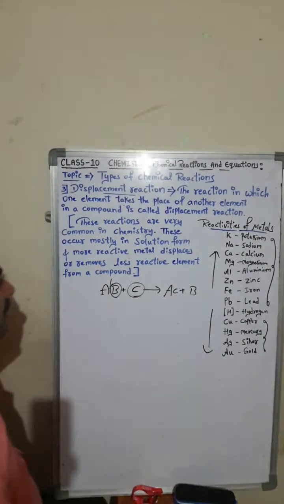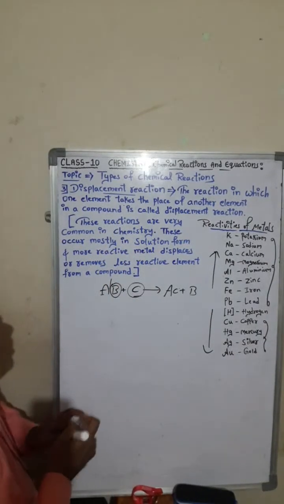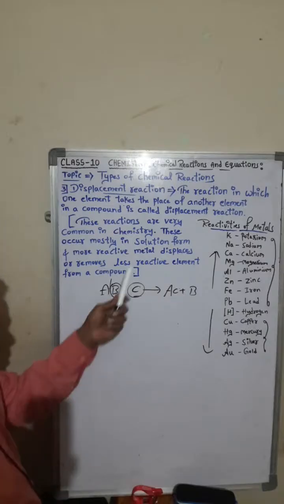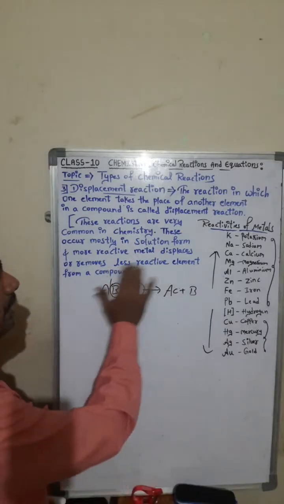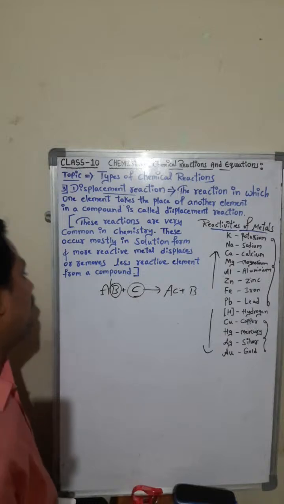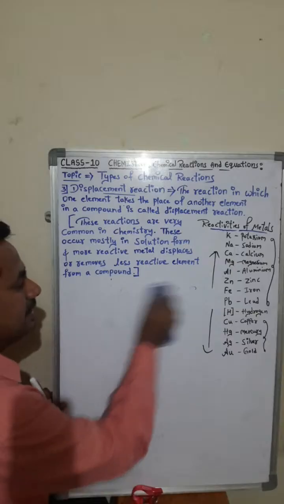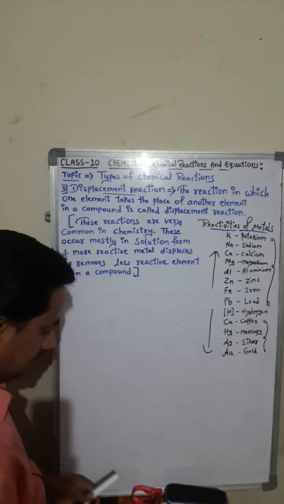The reactions are very common in chemistry. These displacement reactions occur mostly in solution form, liquid form, and a more reactive metal displaces or removes a less reactive element from a compound. So let's see a few examples, and this is very important, students.